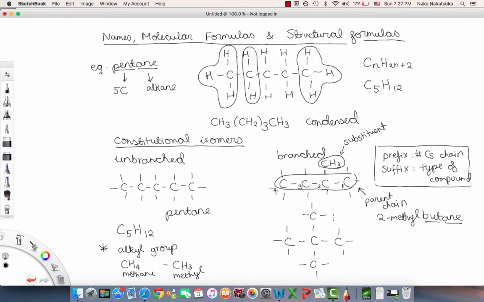So now let's look at this guy. In this case, the longest possible carbon chain is 3 carbons, right? And so this is the parent, and now these 2 methyl groups are the substituents. Since they're both in the middle, it doesn't matter which way you number it. I could do 1, 2, 3, or I could have done it the other way. Either way, they're both on the second carbon.